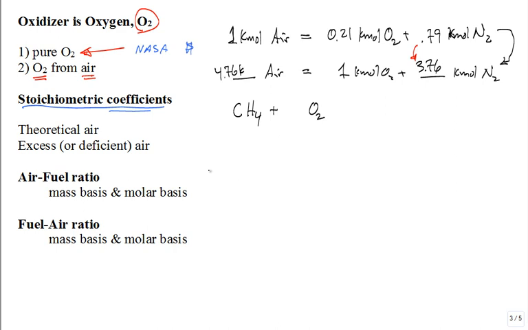Right here, I'm going to tell you, on the final exam, there'll be some students who'll make an error. This is the source of the error. They forget that to bring in 1 kilomole of oxygen from air, I have to bring in the tag-along 3.76 kilomoles of nitrogen, meaning a total of 4.76 kilomoles of air have been ingested.